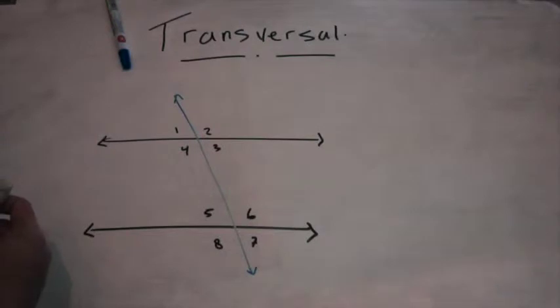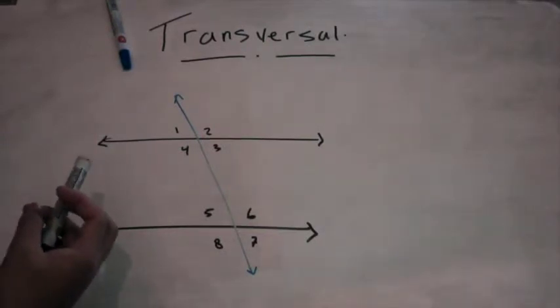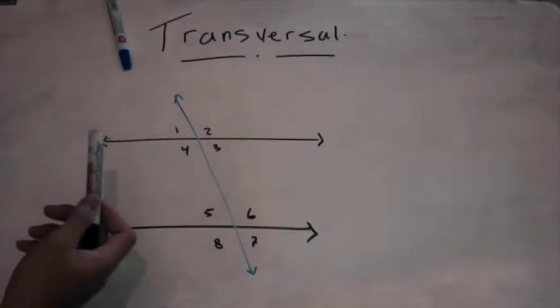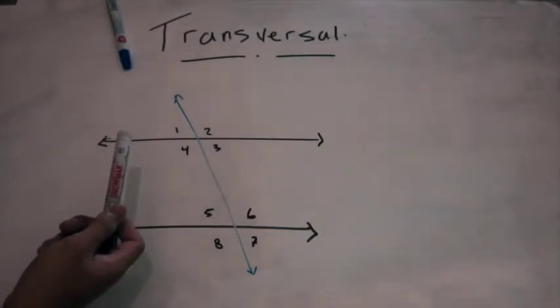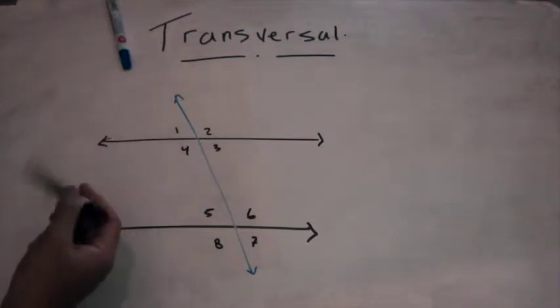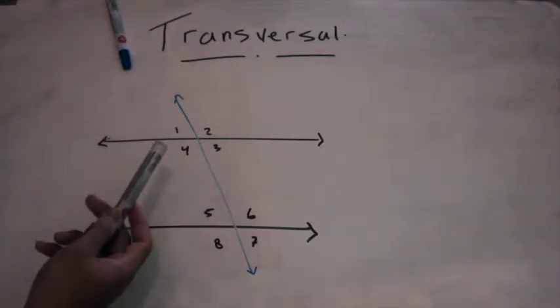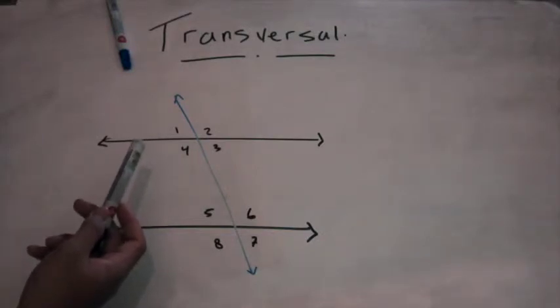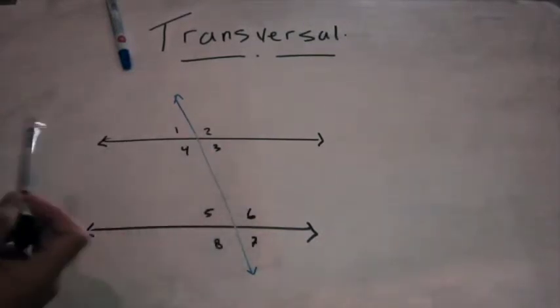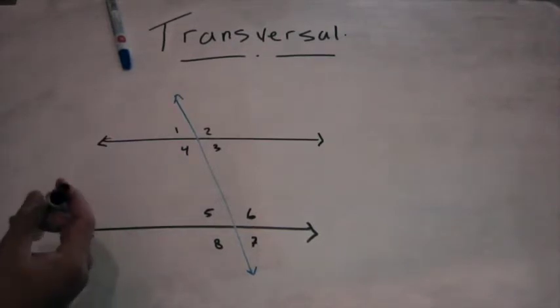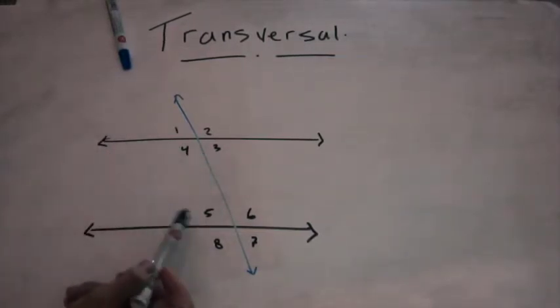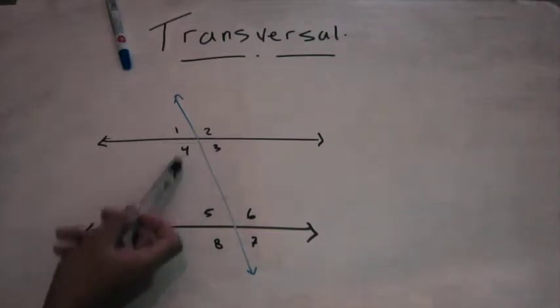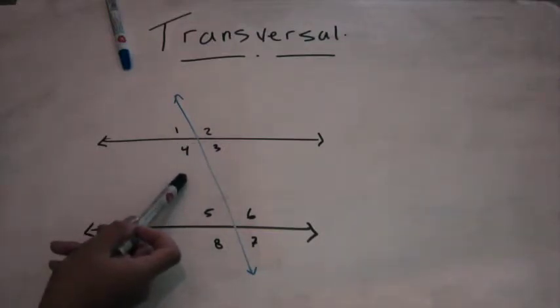And one more thing that you should know, it's actually simpler than it looks. You have 2 places where lines just cross each other in the shape of an X. You probably know already that it creates pairs of what we call vertical angles. Like 2 and 4 are going to have the same measure.